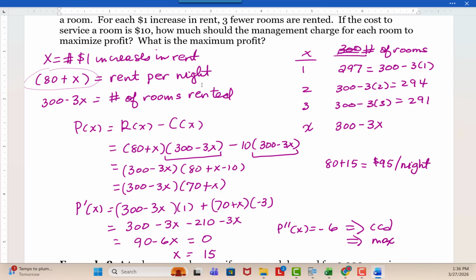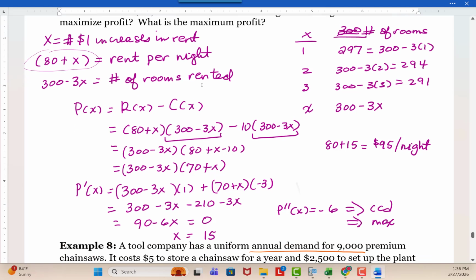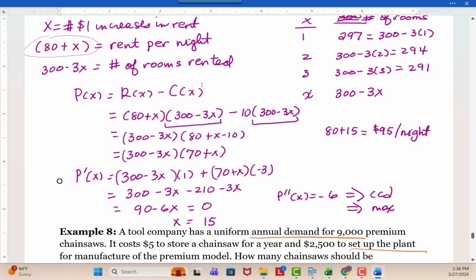And then how many rooms? No, that wasn't the question. The question is, what is the maximum profit? So if I want to know what the maximum profit is, I'm going to plug 15 back into my profit function. I can plug it in at 300 minus 3 times 15 times 70 plus 15.